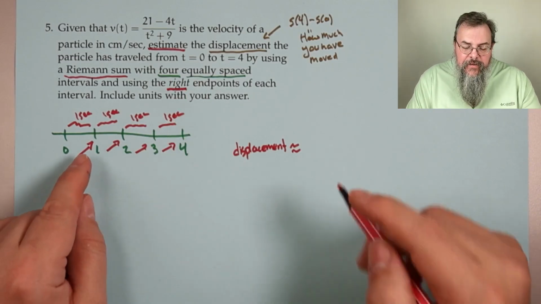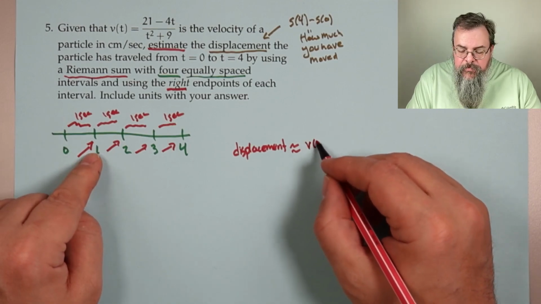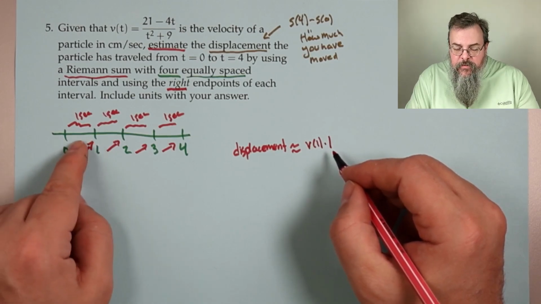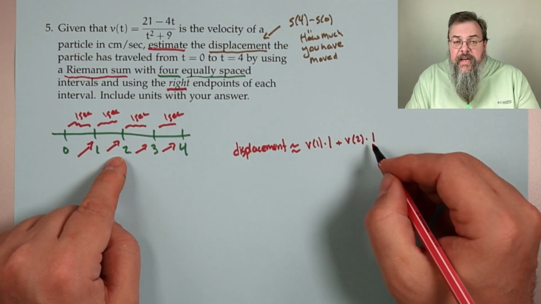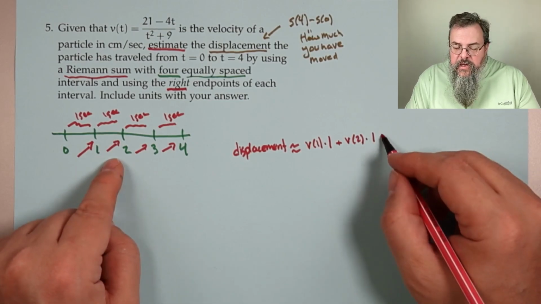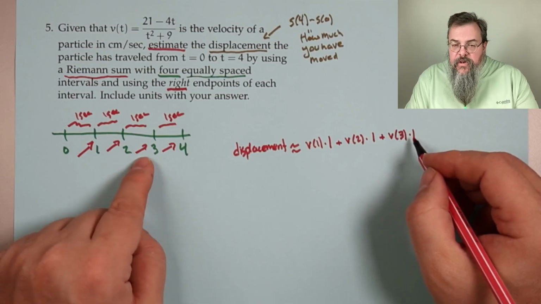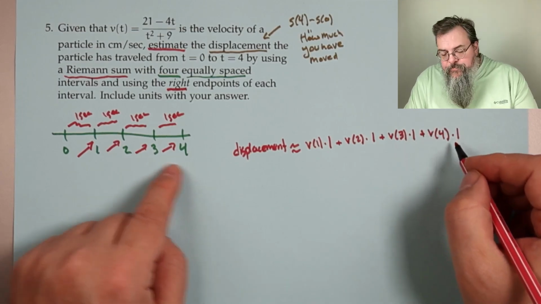So we have our speed at time 1 times 1 second, estimating how much from 0 to 1, plus our speed at time 2 times 1 second, from 1 to 2, plus our speed at time 3 times 1 second, from 2 to 3, plus our speed at time 4 times 1 second.